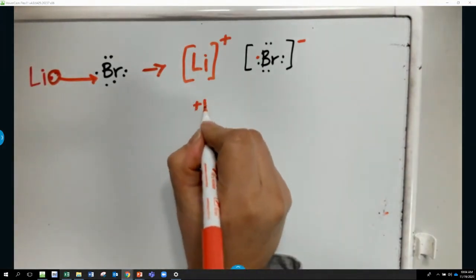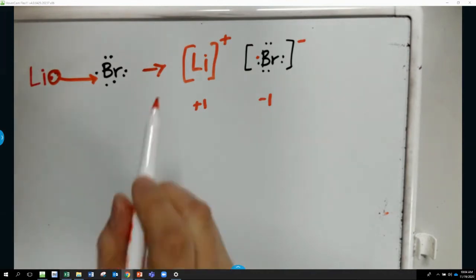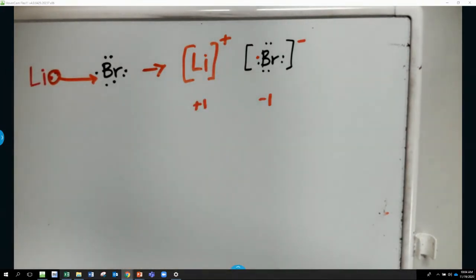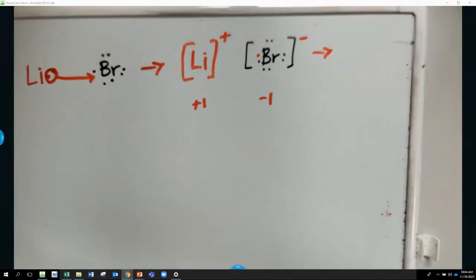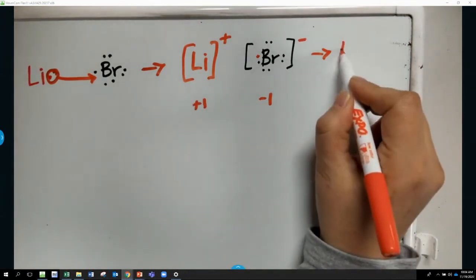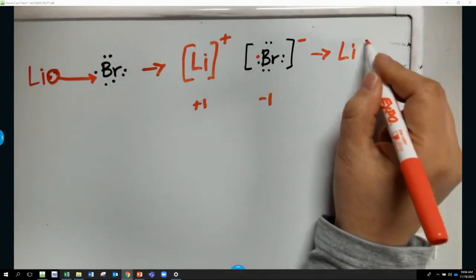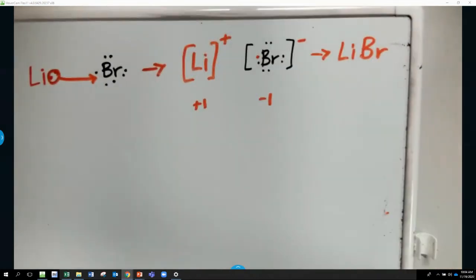This side's a +1, this side's a -1. Overall your molecule is neutral. So if you were to write the formula for this, we had 1 lithium, write our positive first, and we have 1 bromine. Lithium bromide.